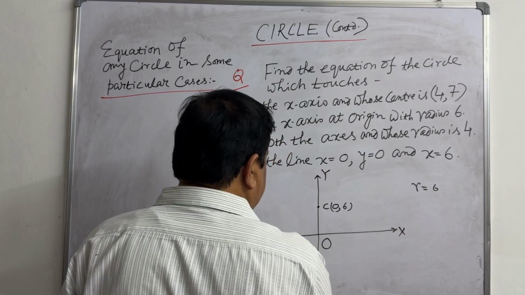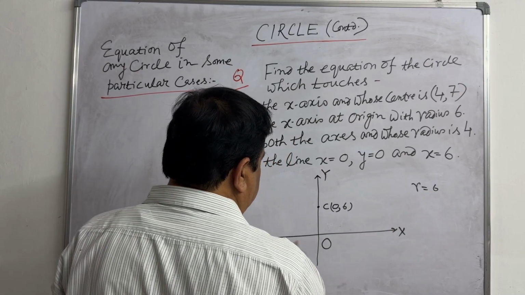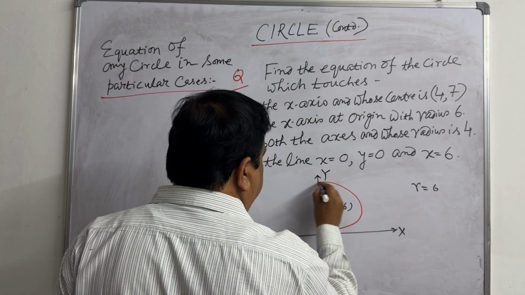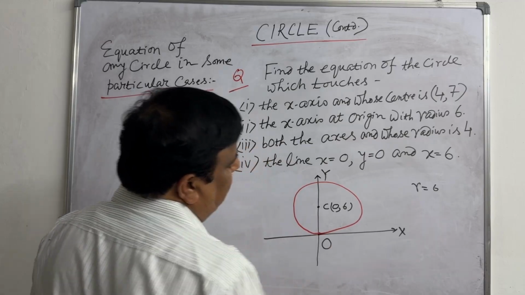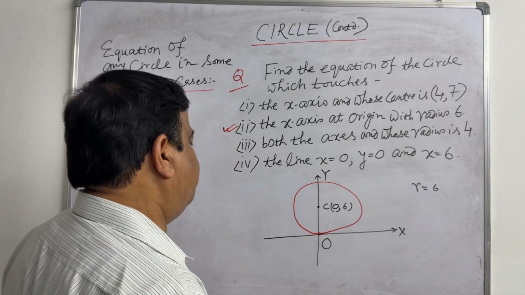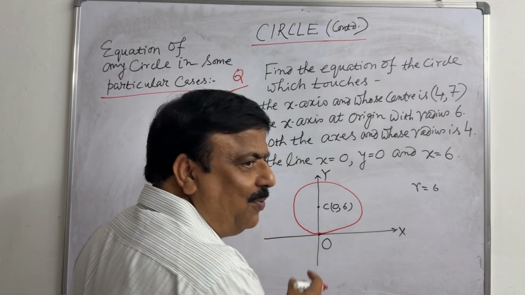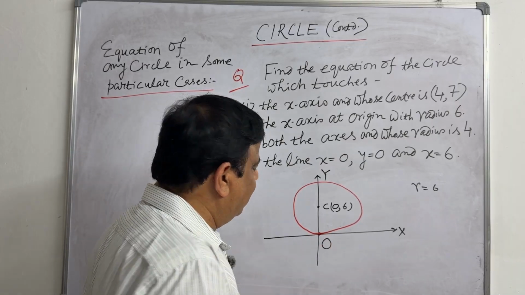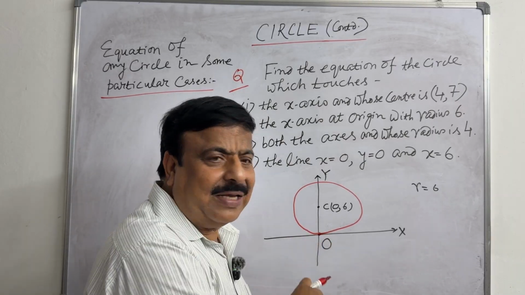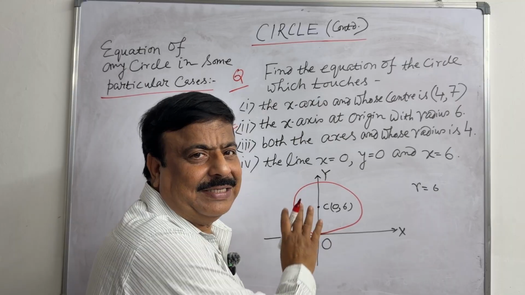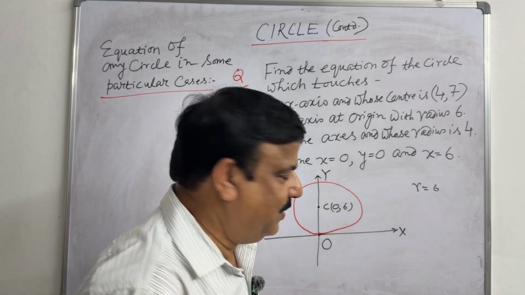So what will be the circle? The circle will be this. Because I am drawing in free hand, exactly it's not becoming a circle, but consider this is the shape of a circle.